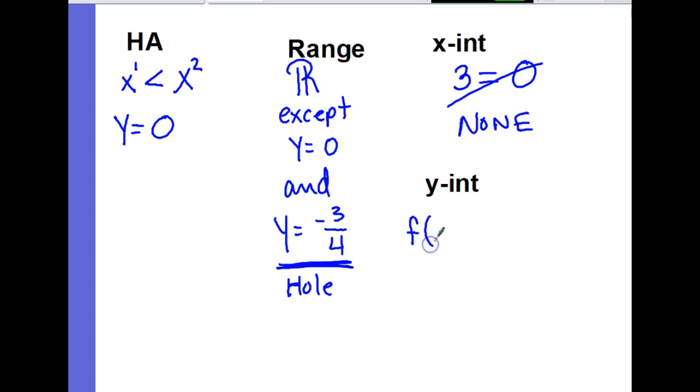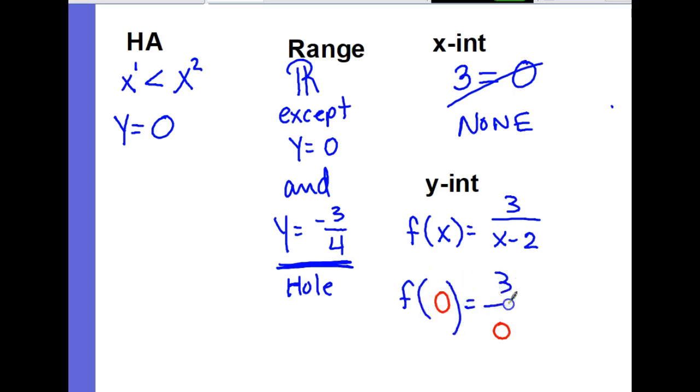The y-intercept, you substitute a 0 in for the x. It doesn't matter whether you use the reduced one or the original one, you're going to get the same answer.